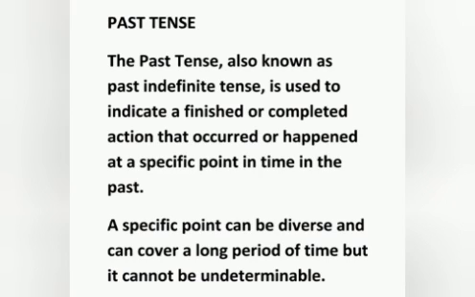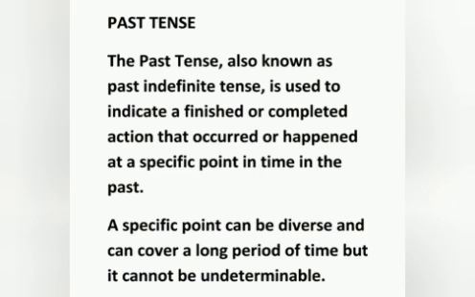Now, this is used to indicate a finished or completed action that occurred or happened at a specific point in time in the past. Now, a specific point can be diverse and can cover a long period of time, but it cannot be undeterminable.